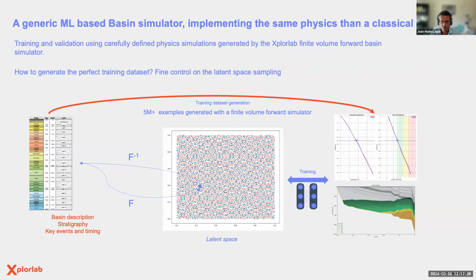actually covered. So we are actually learning from a space which is a hypercube, and we have developed a function that can transform a point which is inside the hypercube into a geological model.